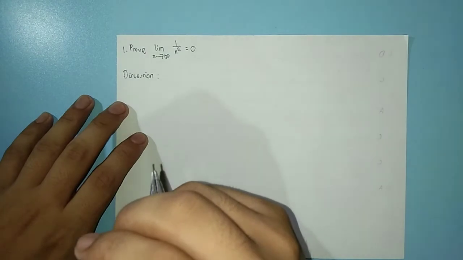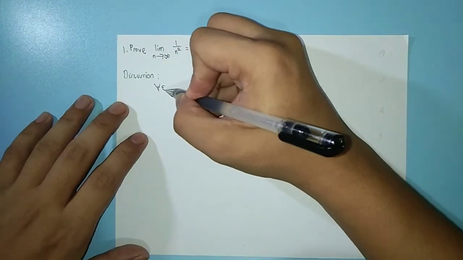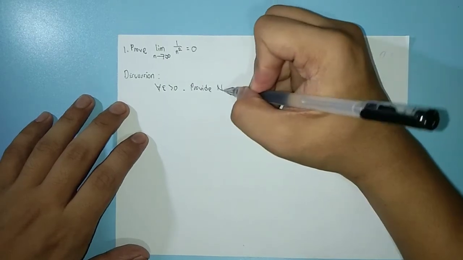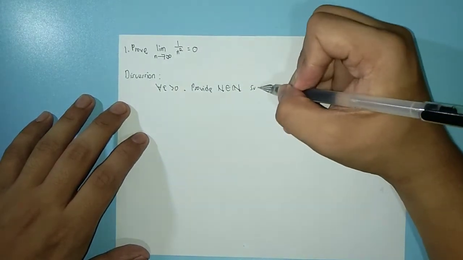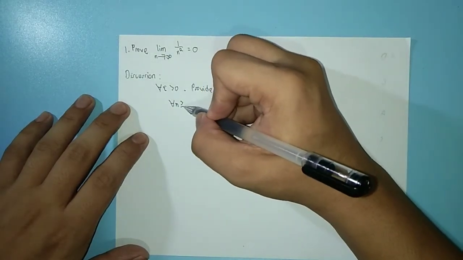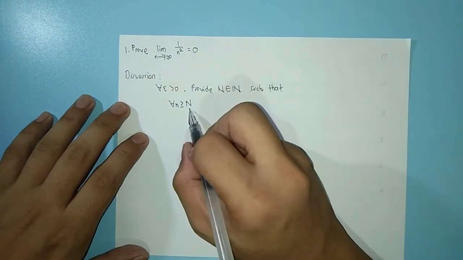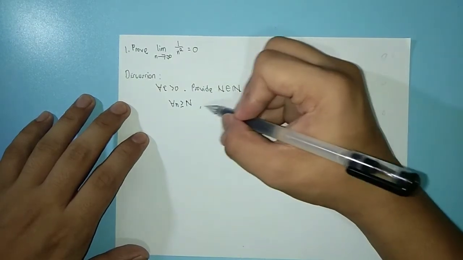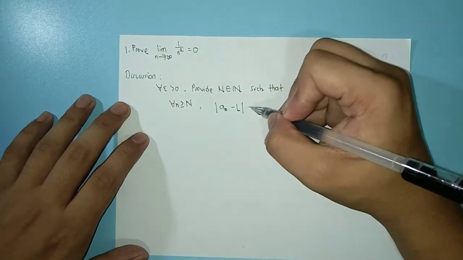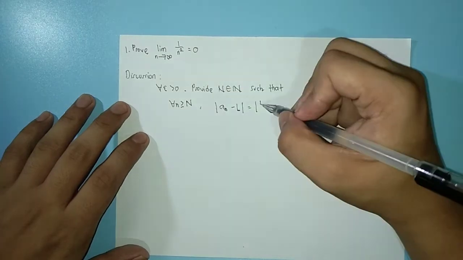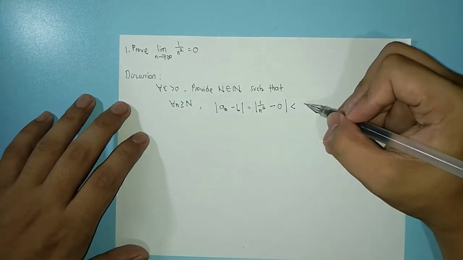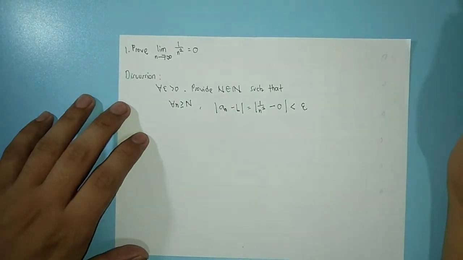So, ibig sabihin yan, for any epsilon greater than 0, dapat makapag-provide tayo ng natural number n such that as n becomes larger and larger than n, okay, the distance between a sub n and L, which is the distance between 1 over n squared minus 0, becomes smaller than epsilon.